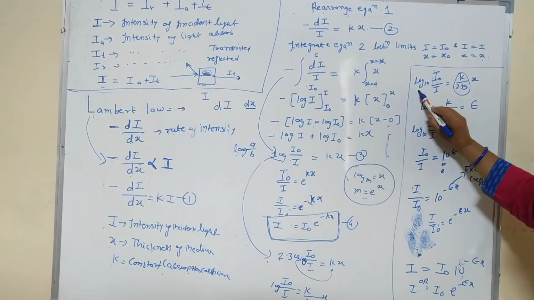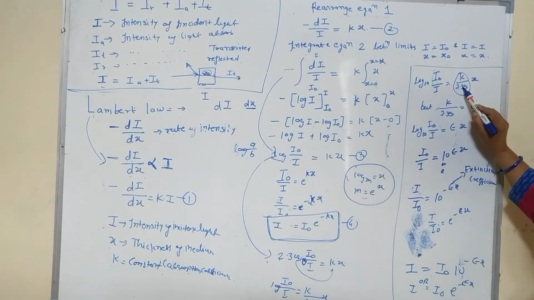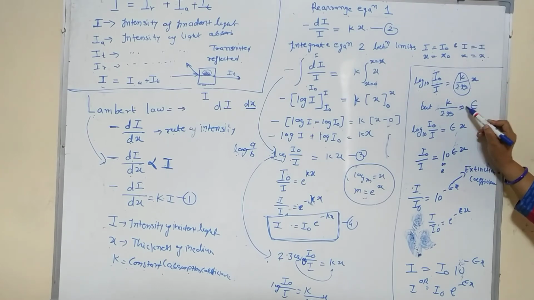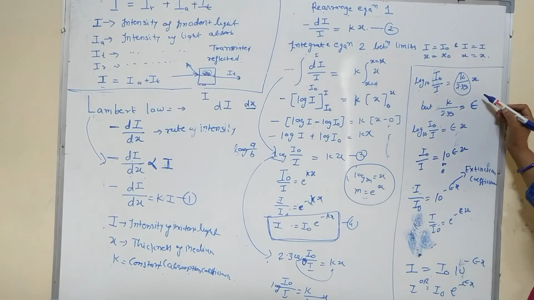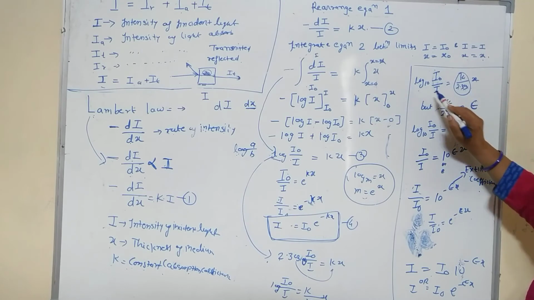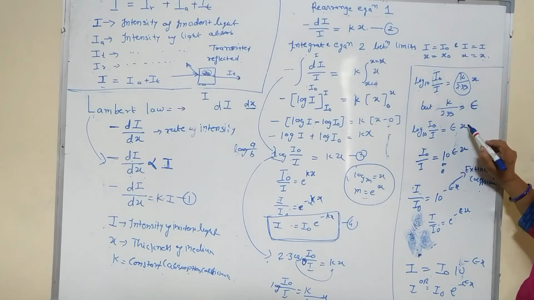Now log of I0 upon I is equal to k upon 2.303x. k upon 2.303 is equal to, मैंने लिखा है epsilon, that is another constant. It is called as extinction coefficient. So this equation becomes log of I0 upon I is equal to epsilon x.